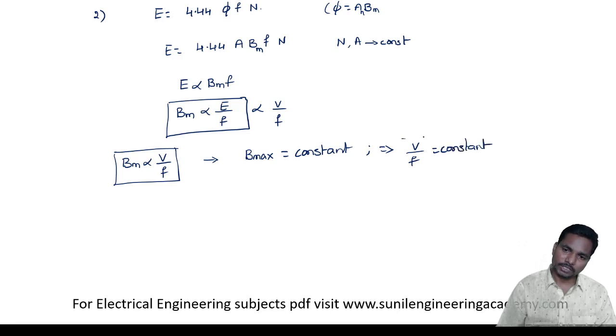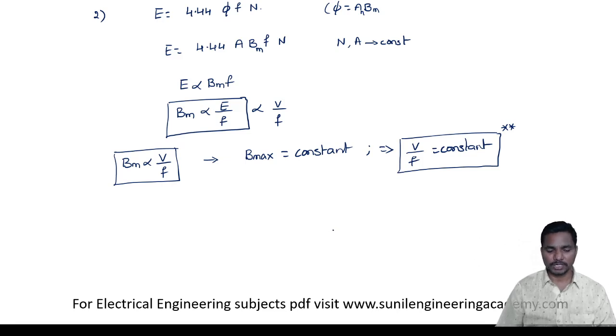Very important relation. If B max is constant, that means V by F is constant. V by F is constant in the sense V1 by F1 is equal to V2 by F2.